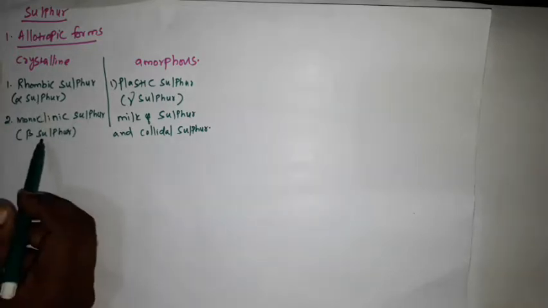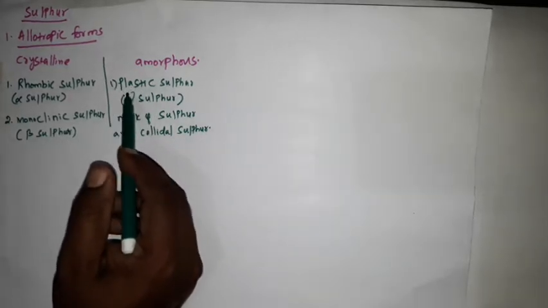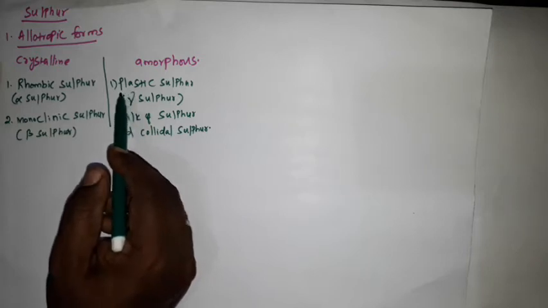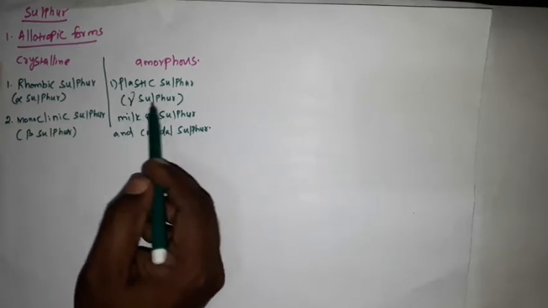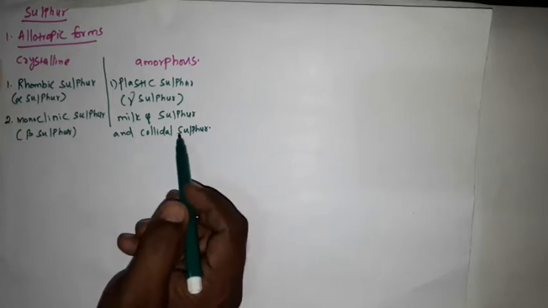In crystalline, the first one is rhombic sulfur, that is called alpha sulfur. Then the second type is monoclinic sulfur or beta sulfur. In the amorphous type, the only important allotropic form is plastic sulfur, or you can say gamma sulfur. Other allotropes are milk of sulfur and colloidal sulfur.